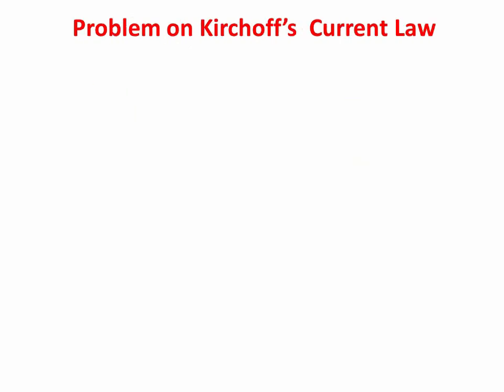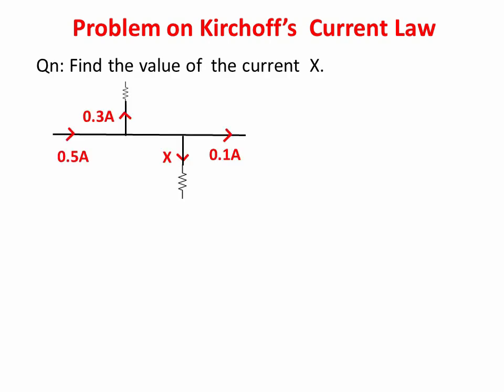Let us work out a problem on Kirchoff's current law. The question is, find the value of the current X. The figure is given. So, according to this figure, what is the entering current?